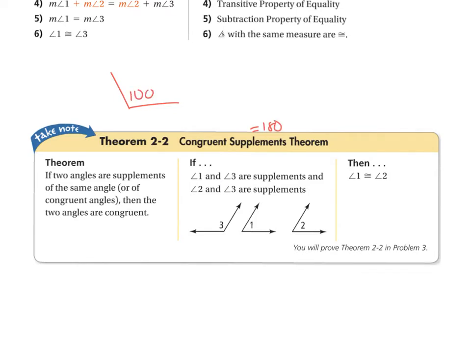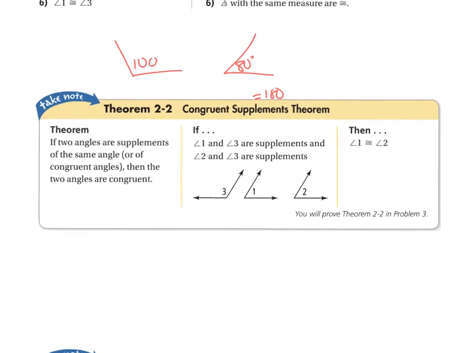So say this angle was 100. If the question was, what is the supplement to this 100-degree angle? Well, that would be an 80-degree angle, because when you add them together, they equal 180. So you could say 80 is the 100-degree angle's supplement, or the 100-degree angle is 80's supplement.